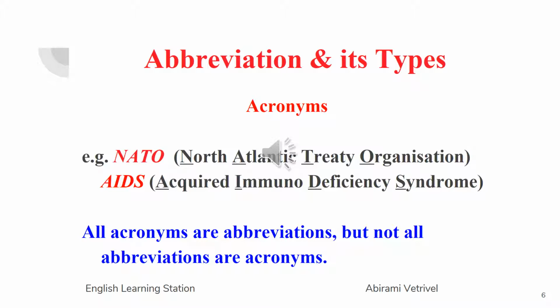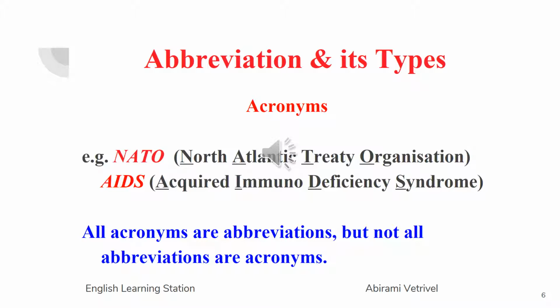We pronounce it as a word. The next example is the acronym formed out of the term Acquired Immunodeficiency Syndrome, AIDS. The first letter of every word in the term is taken to form the acronym AIDS. So this is what we call acronym.